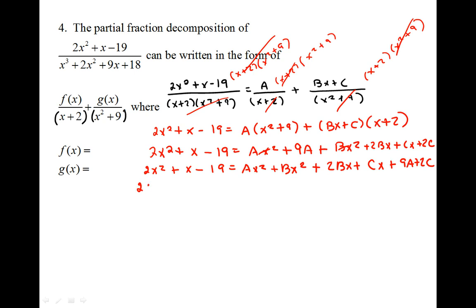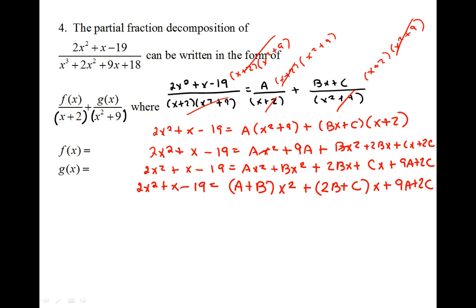So I have 2x squared plus x minus 19. And now you're going to factor out your x squared. So you're going to have (a plus b) times x squared plus (2b plus c) times x plus your constant, 9a plus 2c.